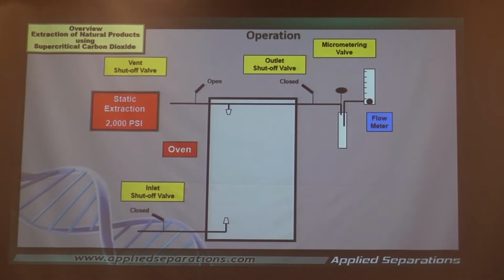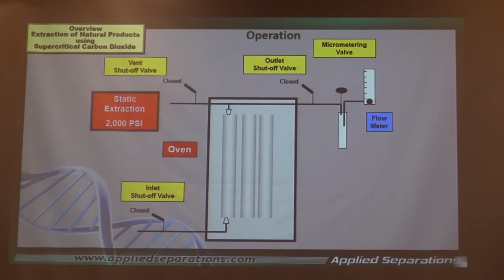The way we set this up was we set up the laboratory instrument, but instead of cascading it down like you do in a production scale, we went the other way. You put your sample in, say samples A, B, C, and D, and then we do our extraction at 2,000 psi. We're at low pressure, so we're not starting with high pressure going down, we're starting with low pressure going up.